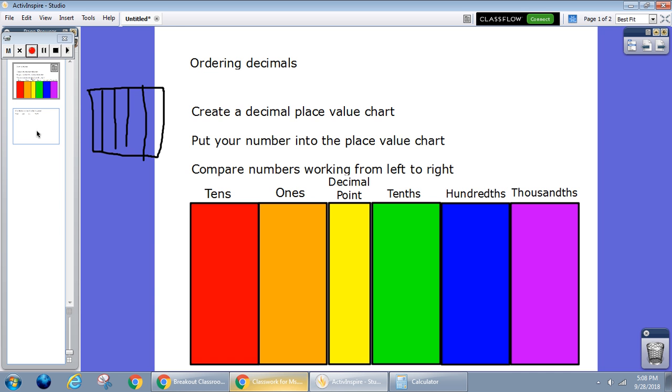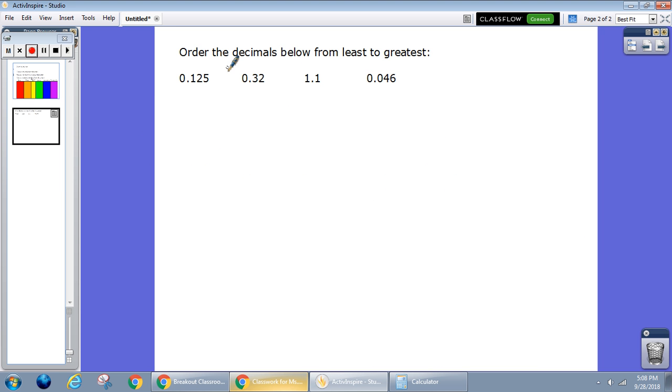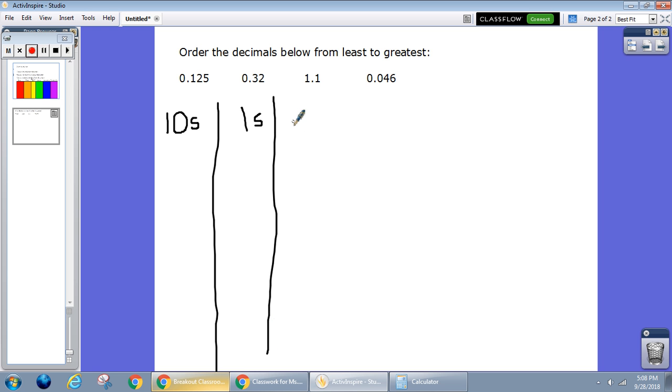All right, so let's practice a couple together. Order the decimals below from least to greatest. So first thing I'm going to do is make my place value chart. Let's do tens, ones. I'm just going to do a point for my decimal point.